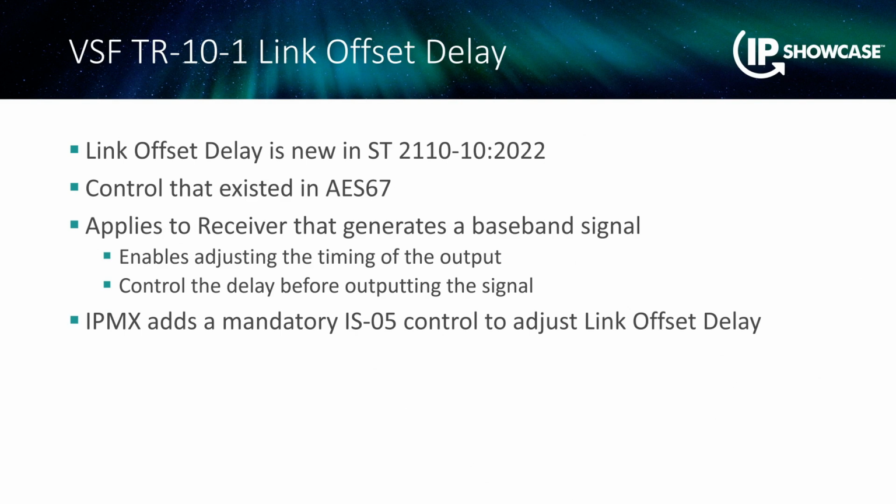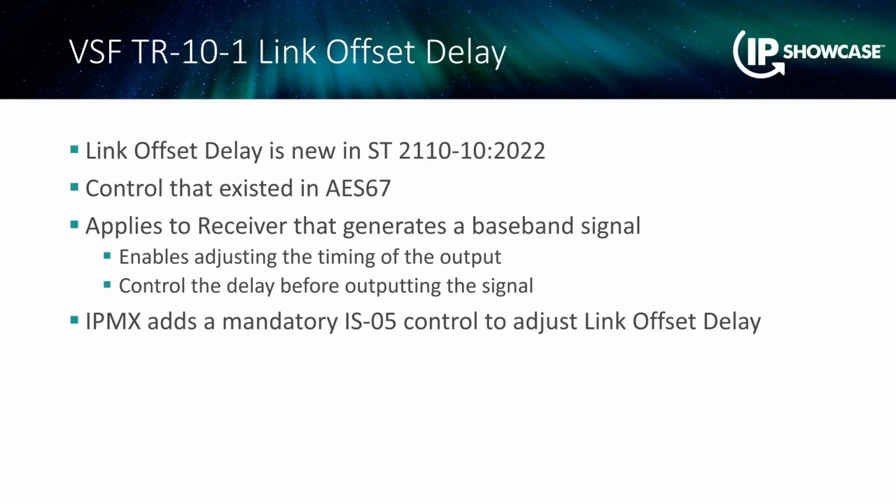Link offset delay is a concept that was introduced in 2110-10 in the latest flavor that got published, I think, at the beginning of this year, 2110-10 2022. It's listed in AS67, and it's about controlling the delay on your receiver to enable you to move the position of your output on your receiver.